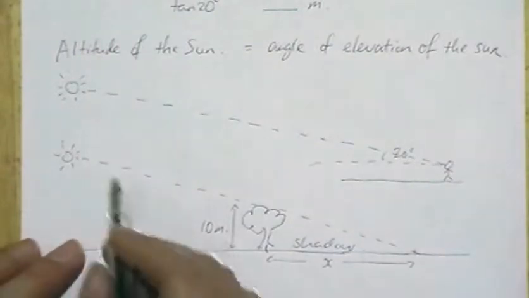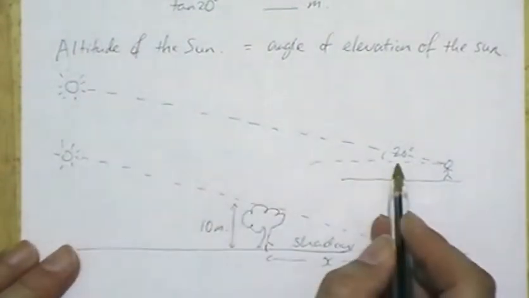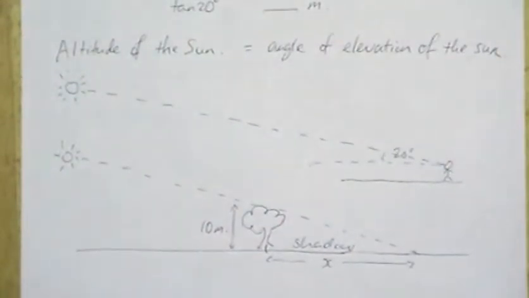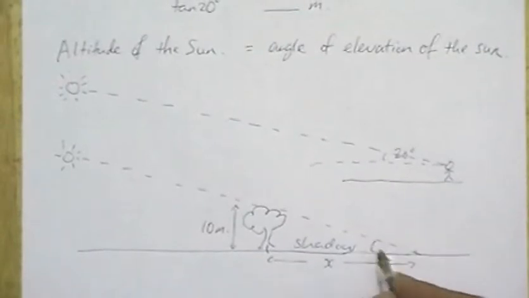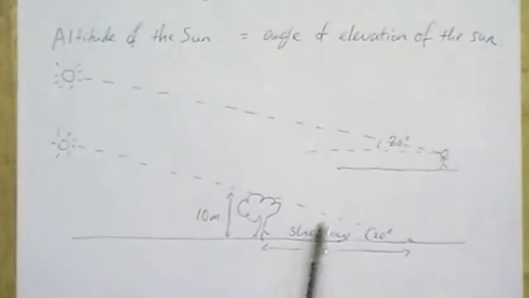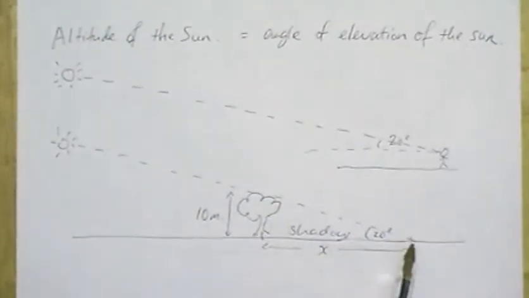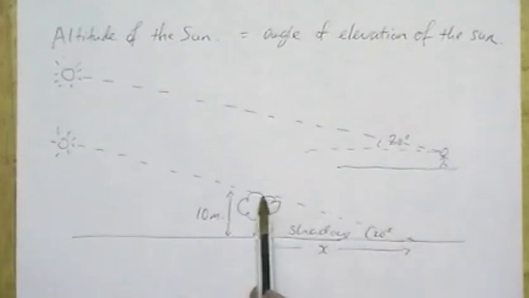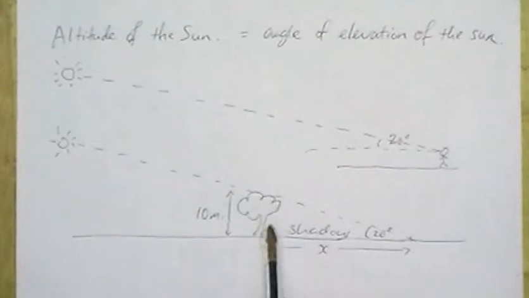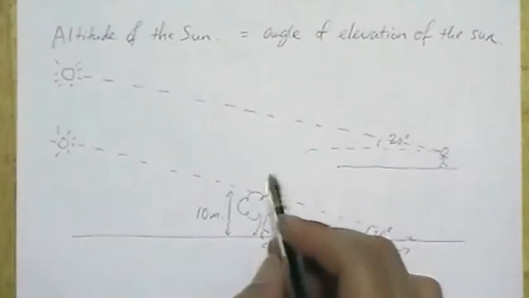Okay, so we are given that the angle of elevation of the sun is 20 degrees, the same as that. Now if you look at this, it means that this angle is also 20 degrees. So if we look at the tree and the shadow and this line, you see that there is a right-angled triangle down here.